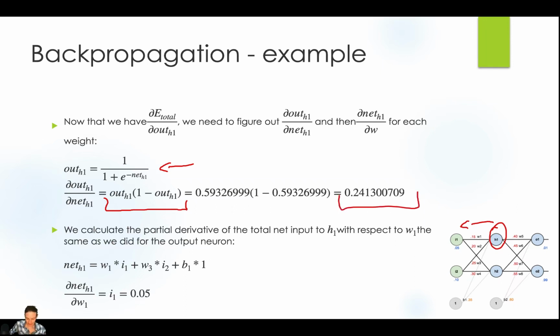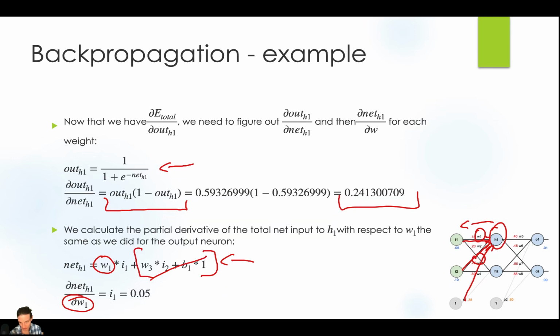Now, the next step back: first we had the sigmoid, now we have again the linear combination of weight 1 and weight 3. They all arrive in H1, plus the bias 1. So this equation forms the network output in H1. Let's take the partial derivative for a change in W1. This is a constant, so it drops to 0.